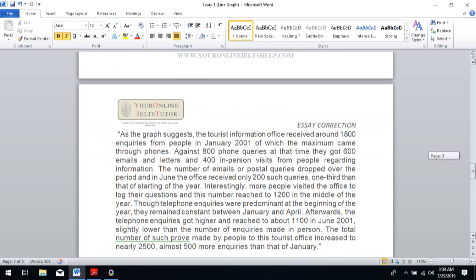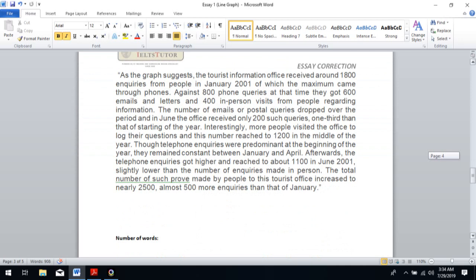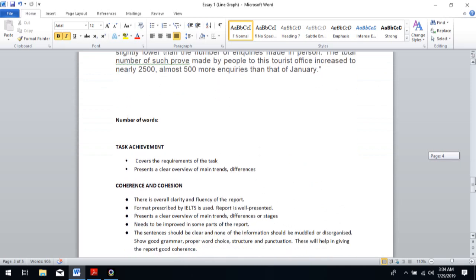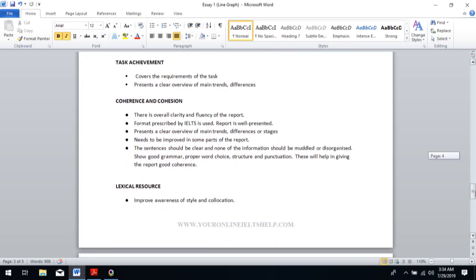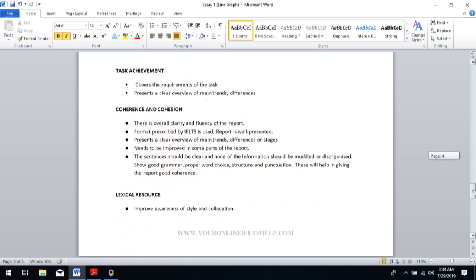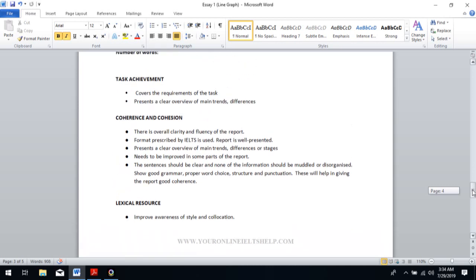I also include sample paragraphs or sample models, or model essays, rather. And then at the end of the essay, I give comments about her strengths and areas for improvement per criterion.